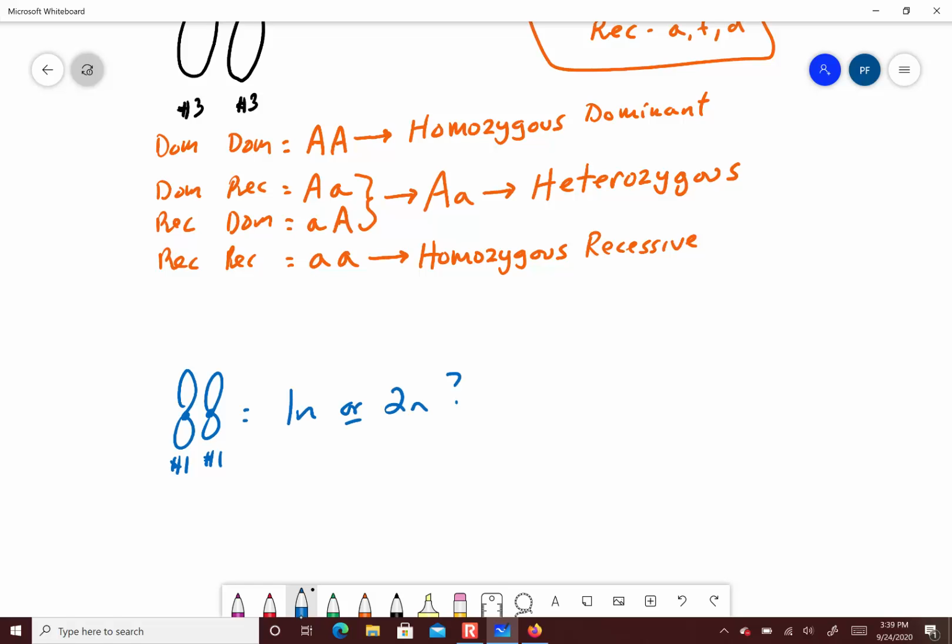Remember 1N or 2N, or how many sets of each do we have? All you have to do to answer that is ask how many number 1s are there? Is there 1 or is there 2? There's 2 number 1s here in my little picture, so this would be 2N.